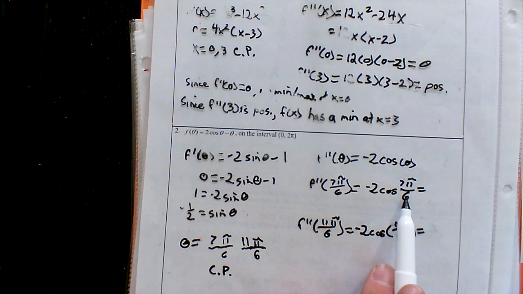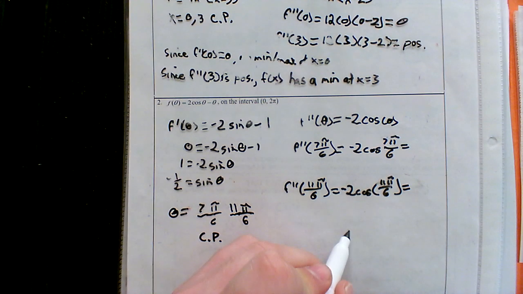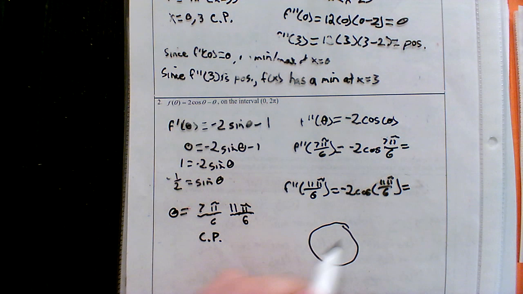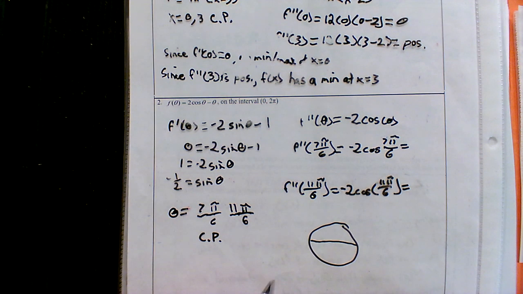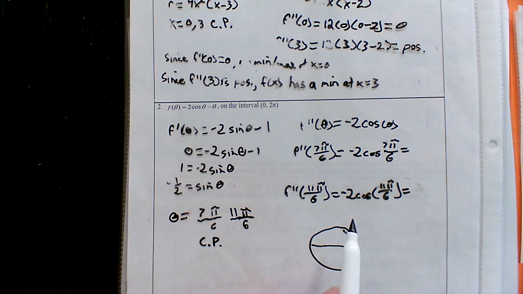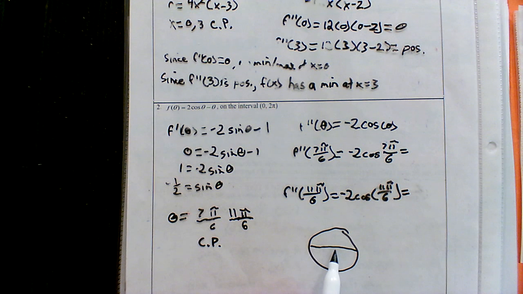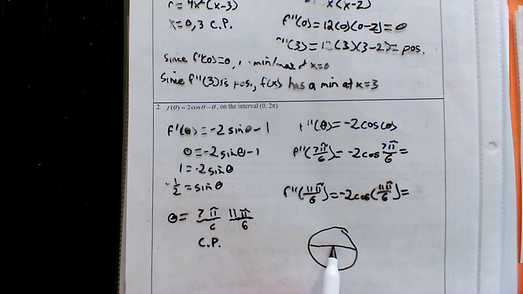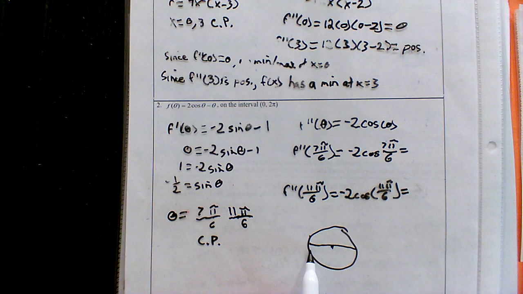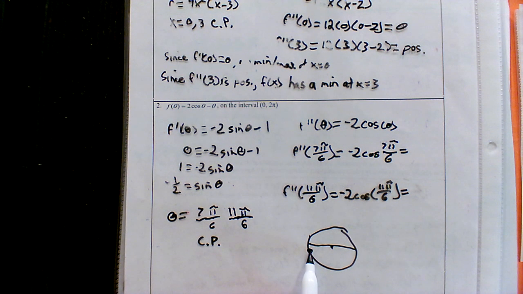So if you think about the 7 pi over 6 on a unit circle, where is it going to be close to? It's going to be about over here. Now above or below? Okay, it's going to be somewhere around this area.